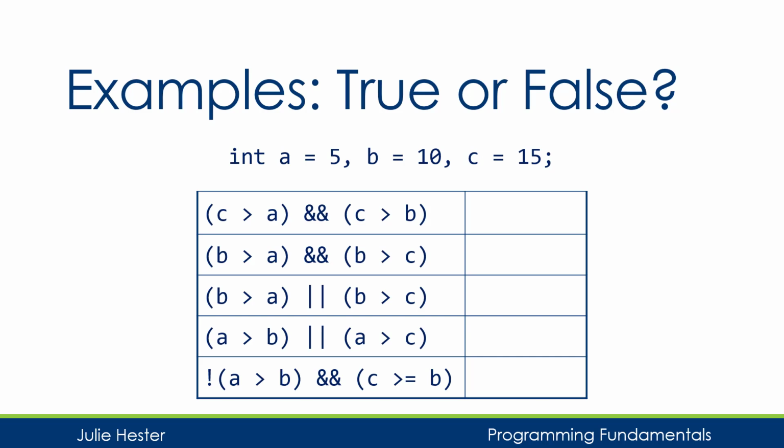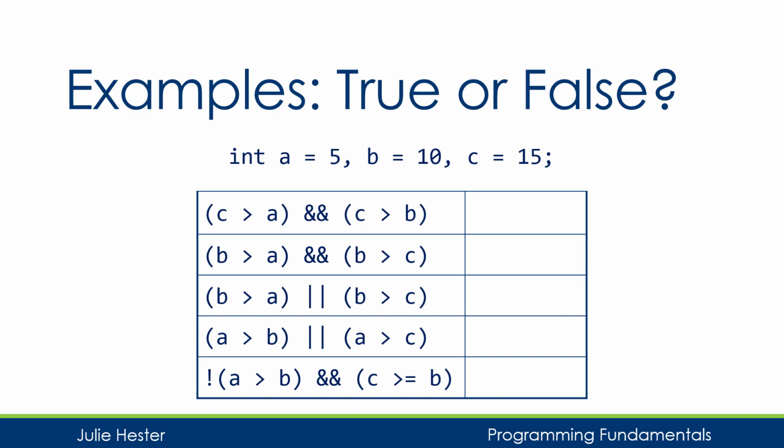And then in the last example, I'm going to use the not operator. So first, I'm going to compare a to b. Is a greater than b? Is 5 greater than 10? Well, no, it's not. So a greater than b is false. But because I'm using the not operator, I am going to take the opposite of that and turn the false into a true. So now I have true on the left-hand side.